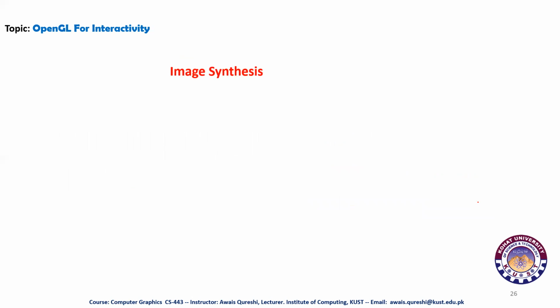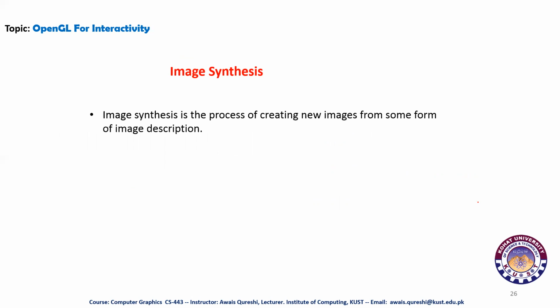So let's move on and see another important concept, which is called image synthesis. Image synthesis is the process of creating new images from some form of image description. In computer graphics, we use this concept called image synthesis, because we write some code and then the graphics engine produces that code in a visualized form.